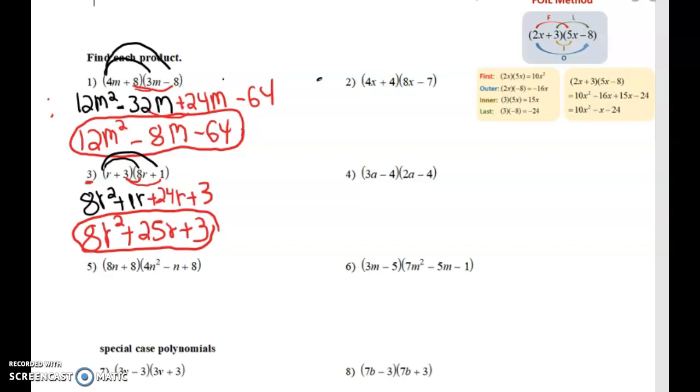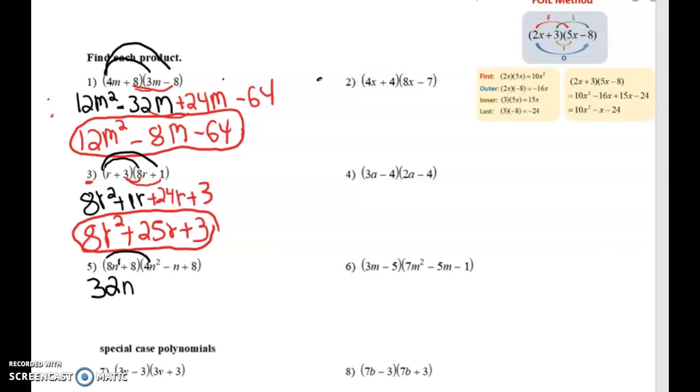Let's go ahead and start it off then. All right. So again, we got 8 times 4. And we have an n times an n squared. So see how these power rules are pretty important. So you're going to get a 32. So an n squared, remember there's a little 1 there, right?